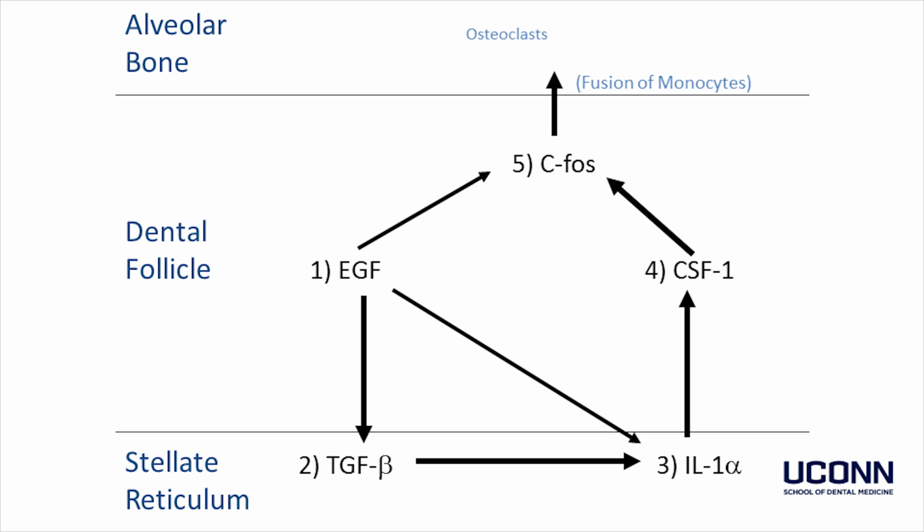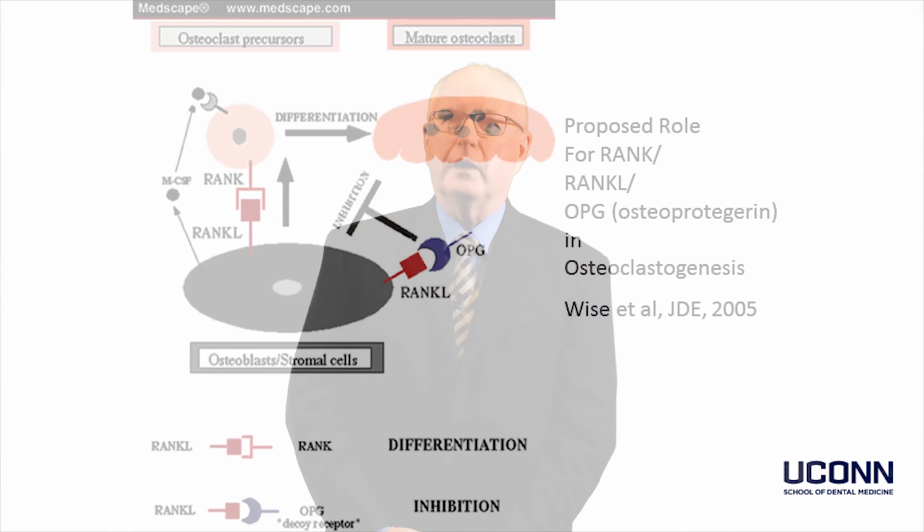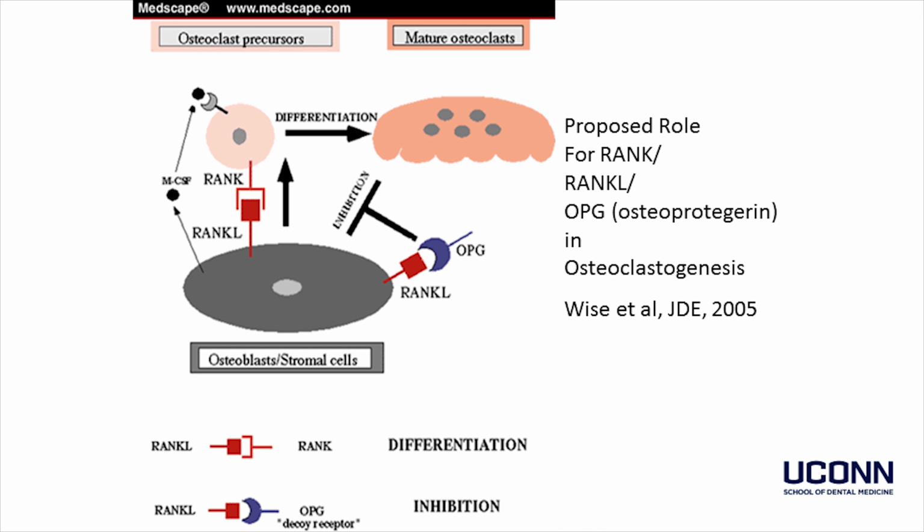These factors then in turn trigger the increased production of CSF, colony stimulating factor, in the dental follicle, lying over and around the crown. Increased CSF results in a downregulation of osteoprotegerin, OPG, which you might recall is a decoy molecule for RANK. Less OPG in that area means that we have increased RANK ligand interactions in the follicle overlying the crown, and therefore the increased recruitment of osteoclasts into this region.